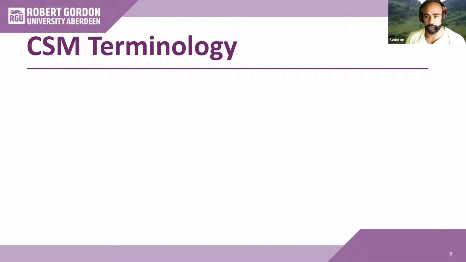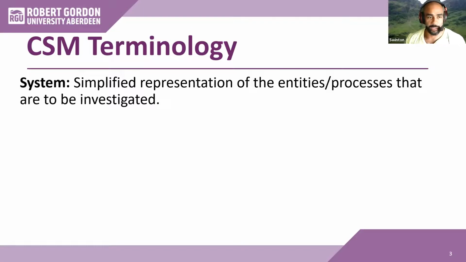But I think what's important is that you define your terms, and hopefully differences among the constructs are clear. So in terms of the terminology I'll be using, I like to think of CSM in terms of a hierarchical flow. So first we start with our system, which is effectively, for me, a simplified representation of the entities and processes that are to be investigated.